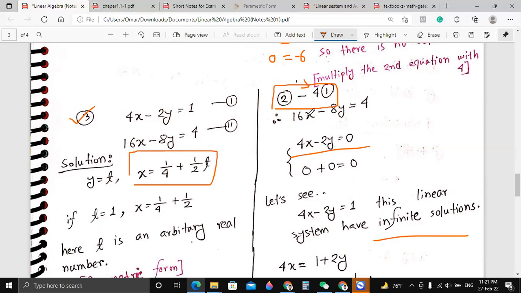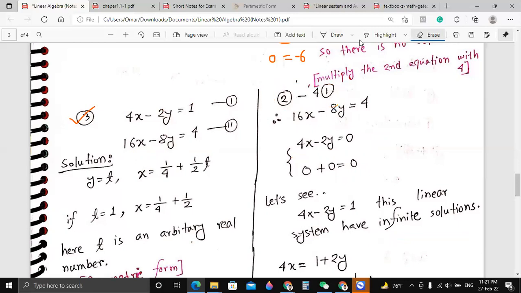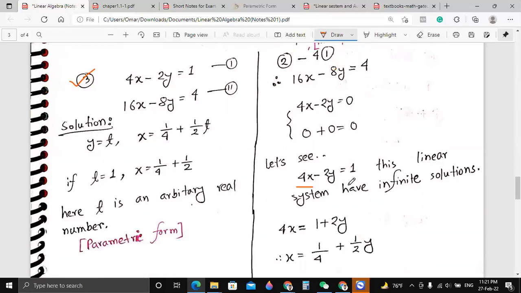Okay, I got it. 4x minus 2y equal to 1. So maybe there will be 1 here. Maybe it was my writing mistake, or I'm not sure. So, okay, let's continue.